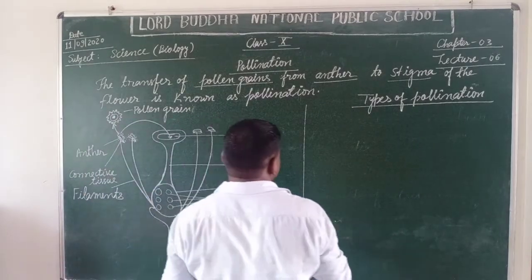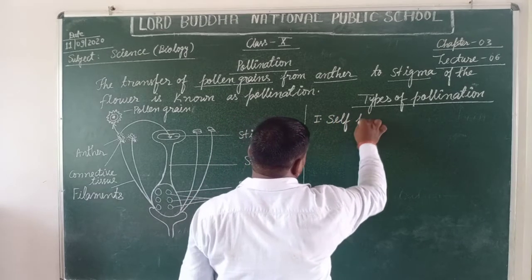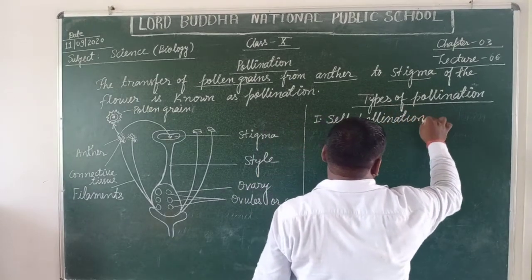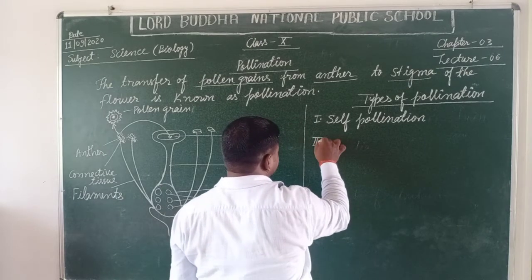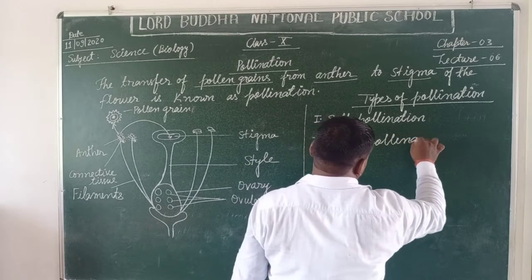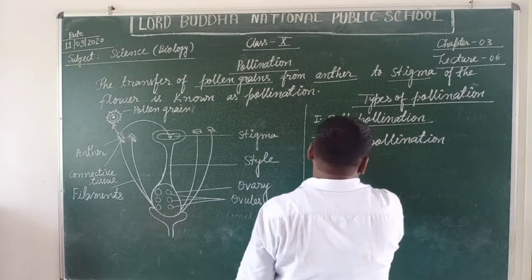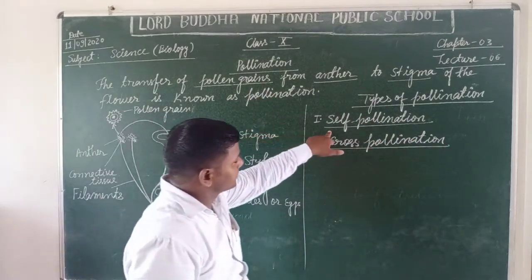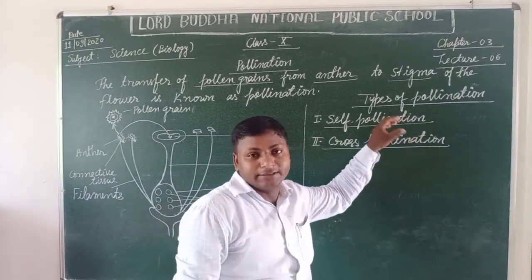The first one is self-pollination, and the second one is cross-pollination. As the name suggests, self-pollination is the process of pollination that takes place within the same flower.